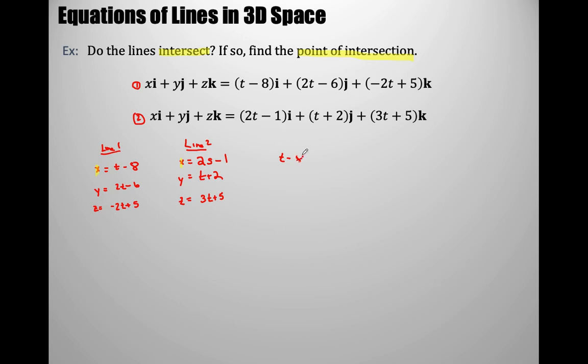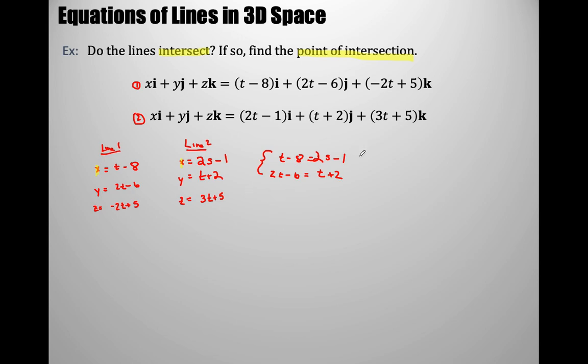When does t minus 8 equal 2s minus 1? And I'm going to do the same with the y's. When does 2t minus 6 equal t plus 2? I think I'll start there because what I have right here is 2 equations with 2 unknowns. Hello, Algebra 1.